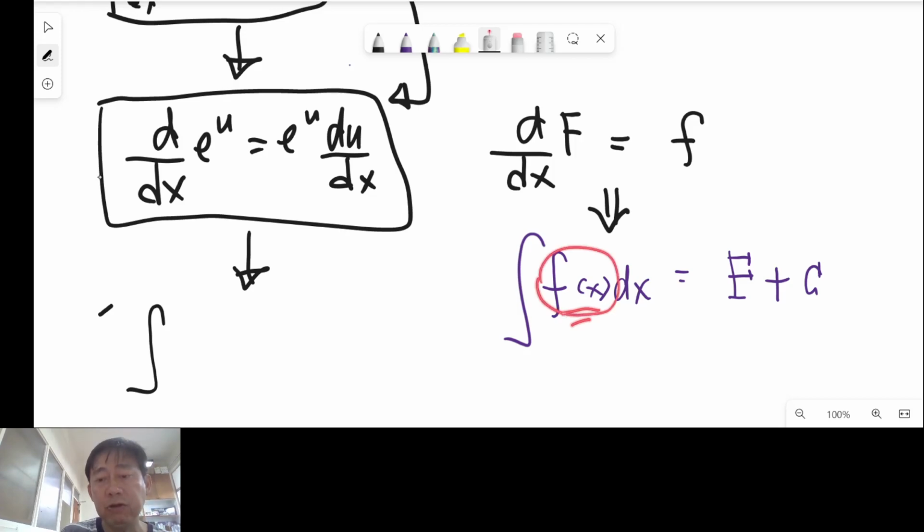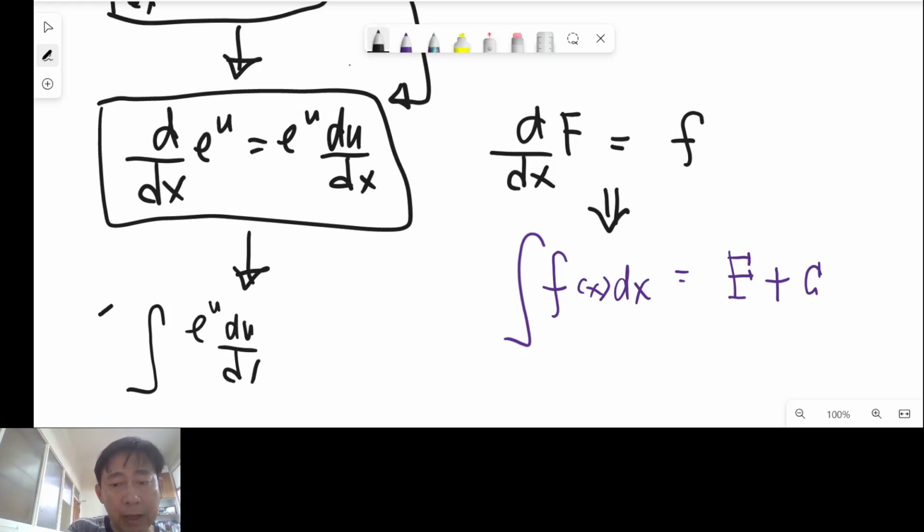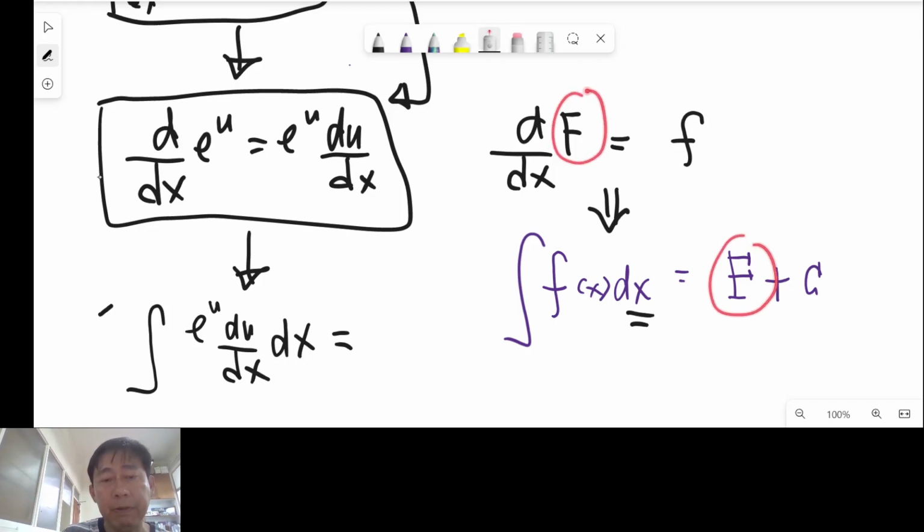What is the small function f here? It is the right hand side of this equation, e^u du/dx, and then don't forget you have a dx term. On the right hand side you have the antiderivative, capital F, which is played by the expression e^u. So you have e^u plus a constant.